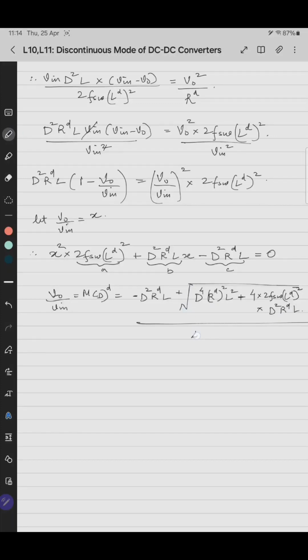So 2 into 2, 4 F switching LD whole square.